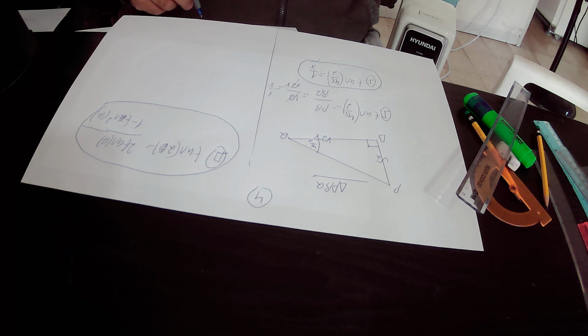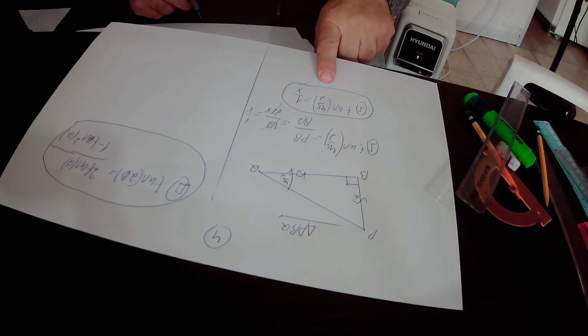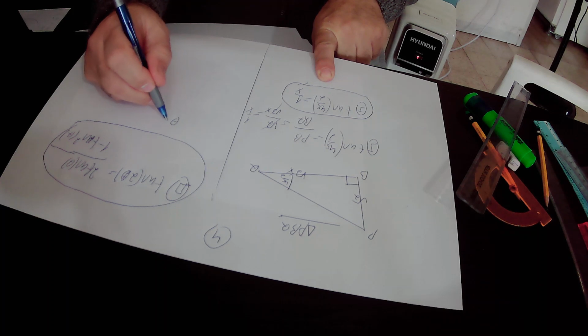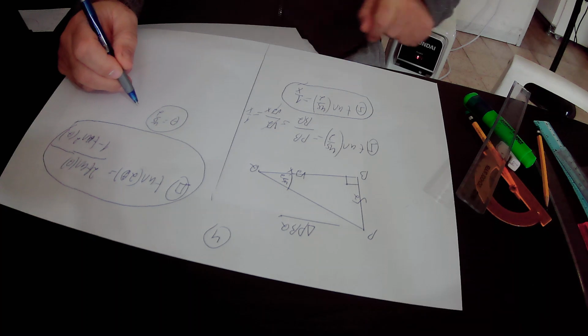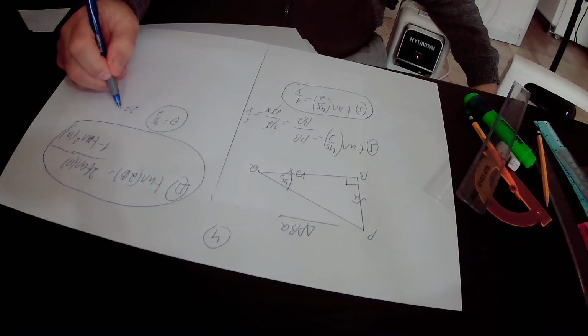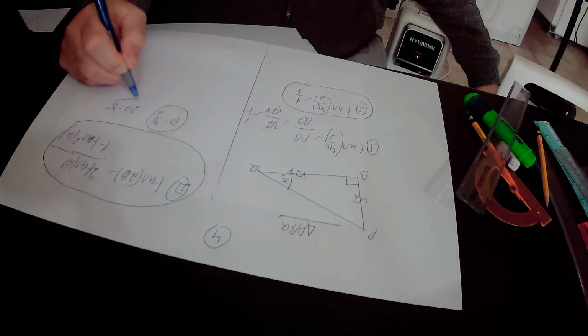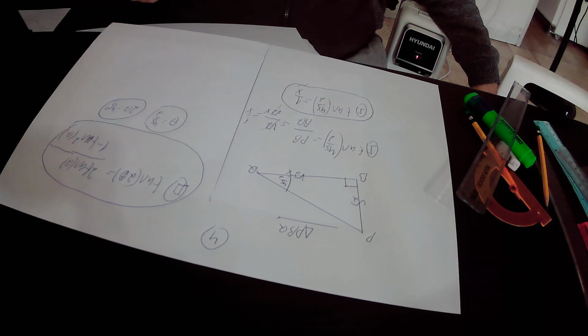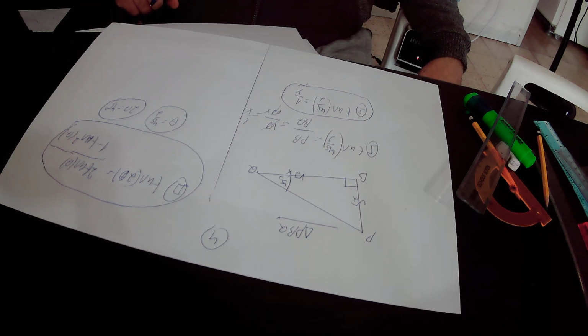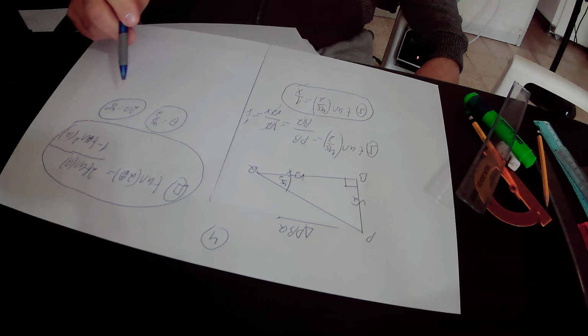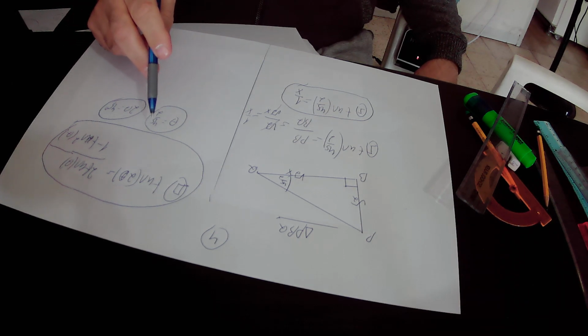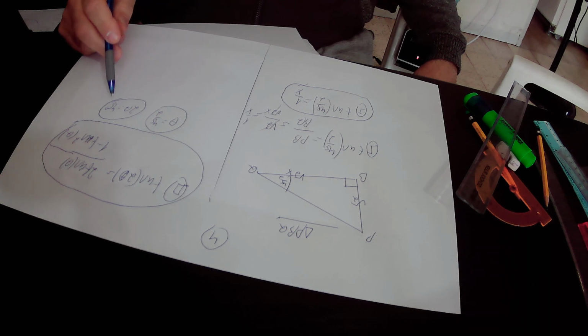We will define theta as 45 degrees over 2. Theta equals 45 over 2. So if theta equals 45 over 2, it means that 2 theta equals 45 degrees.